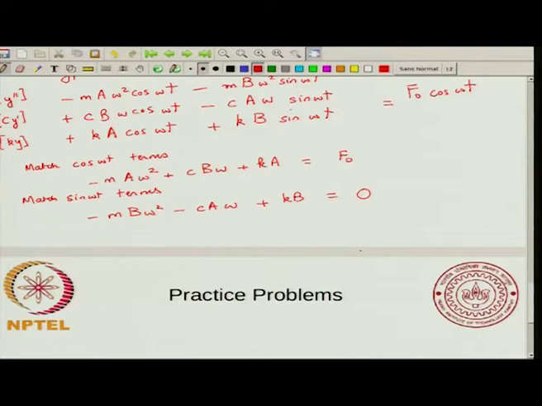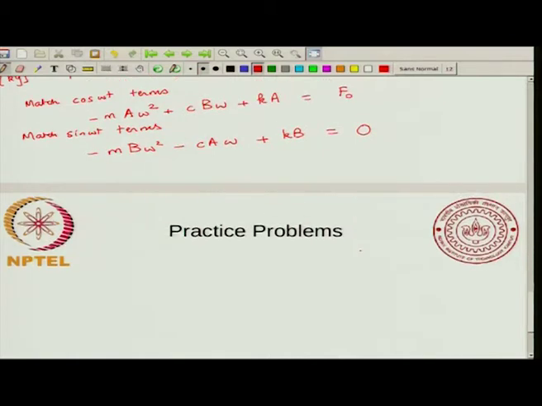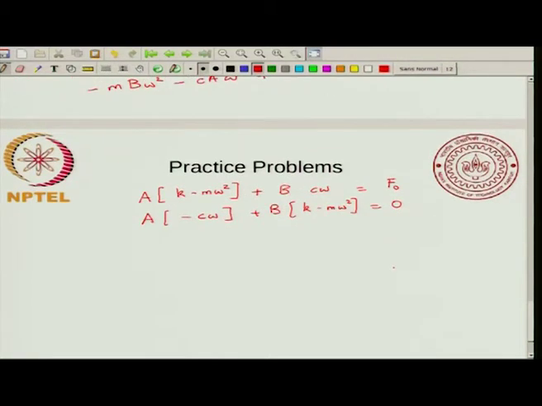Let us write this in the following form: a times (k minus m omega square) plus b times c omega equal to f0, and a times (minus c omega) plus b times (k minus m omega square) equal to 0. These are my two equations, and you can solve them to get the values of a and b.